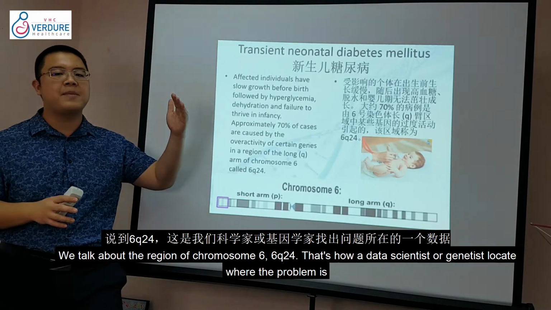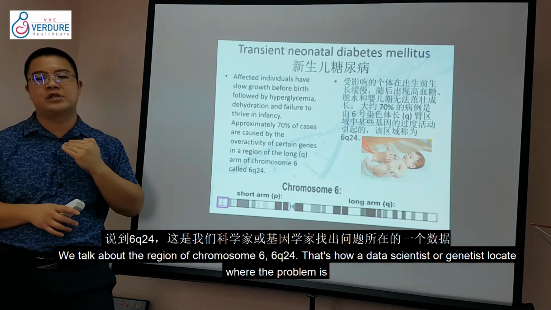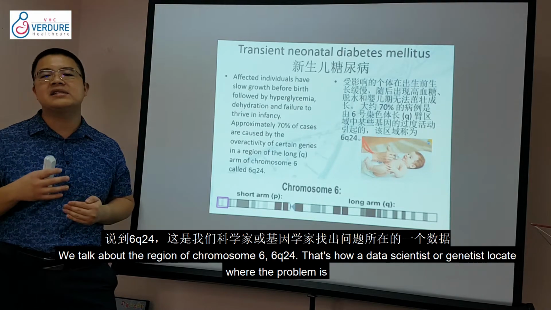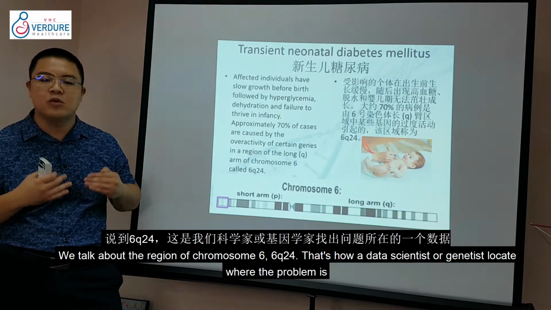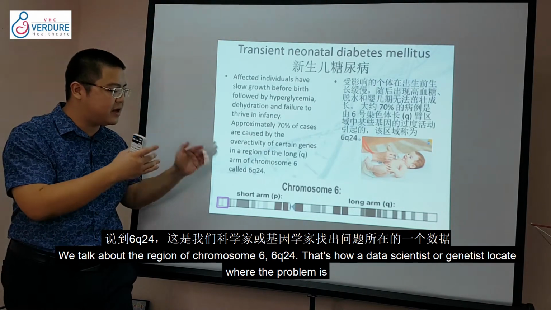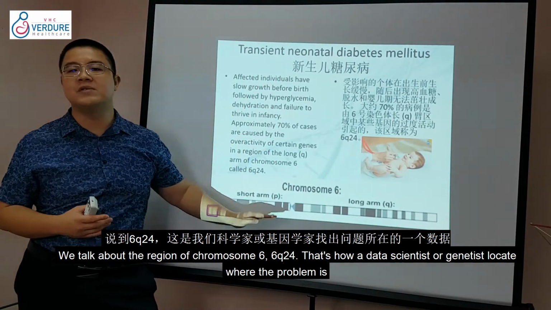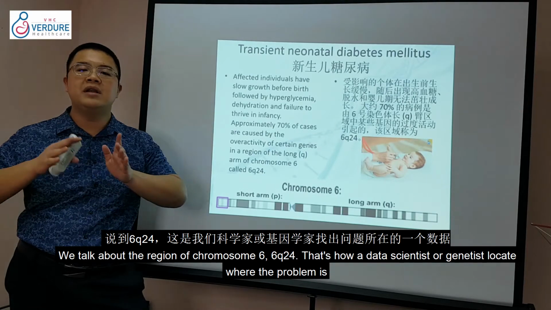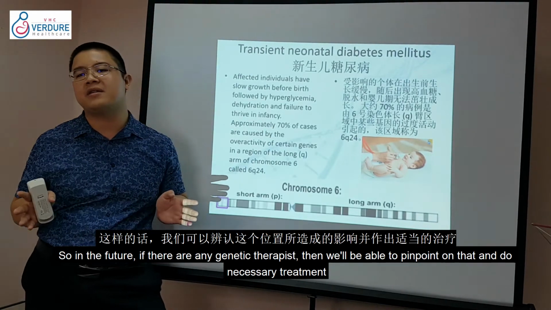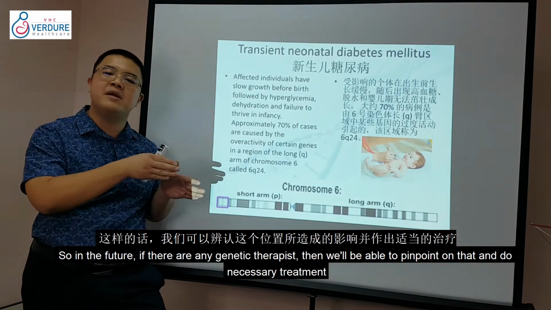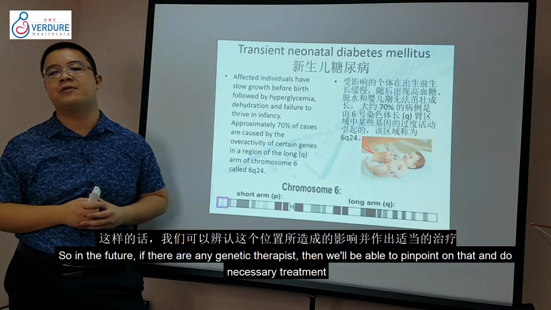So just now we talked about the regions of chromosome 6. 6q24, so that's how the data scientists or the geneticists will be able to locate, okay, so here it is, 6q24, in the long arm of chromosome 6, there's something wrong with it. So in the future, if there are any genetic therapies available, then we will be able to pinpoint that and do the necessary treatment.